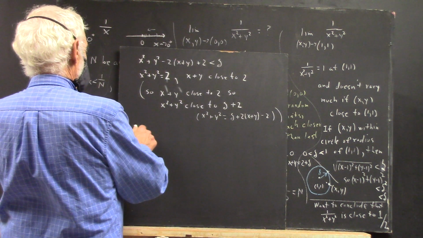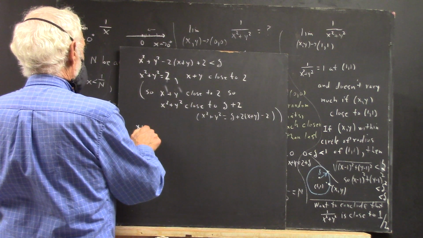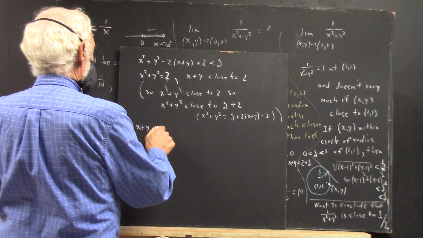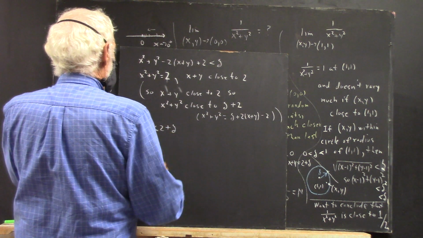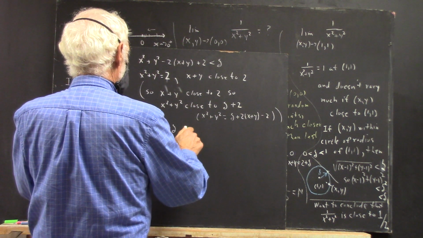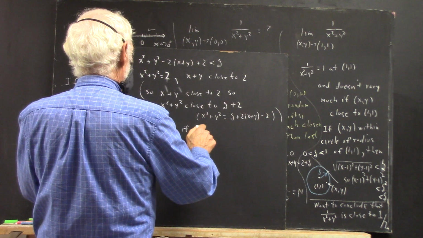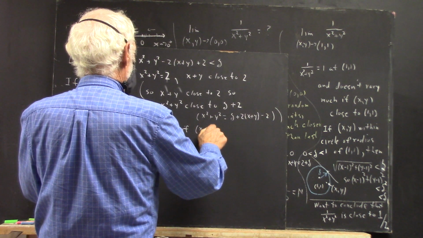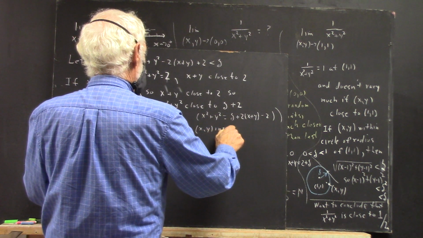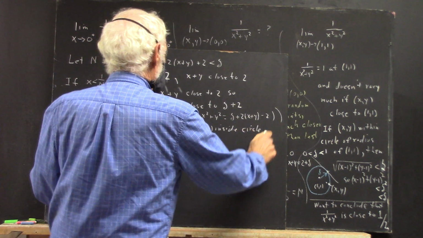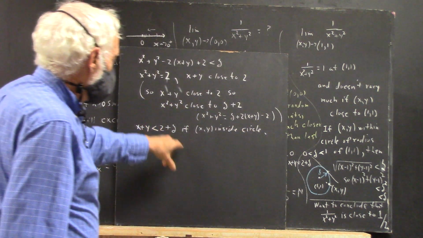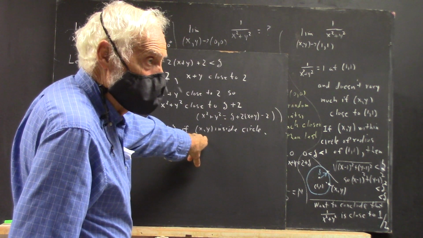So, x plus y is less than 2 plus delta if x, y is inside the circle.